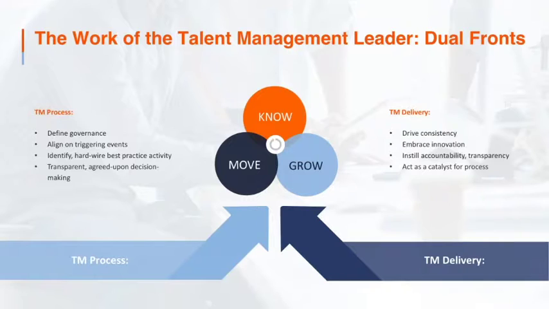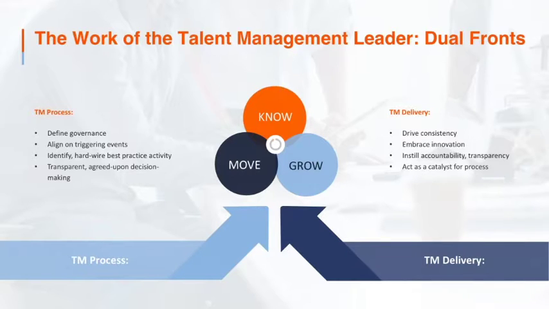So we have really two pieces of work that have to occur from a talent management leader. If you sit in the executive seat in talent management, there's two pieces of work that have to be done. First is how your organization is going to define that talent management process.